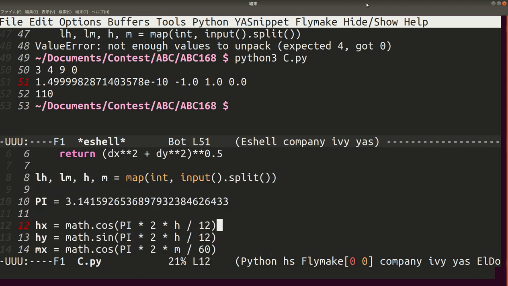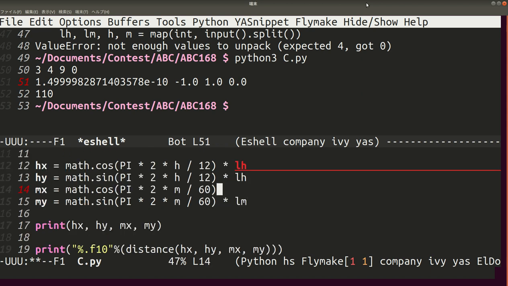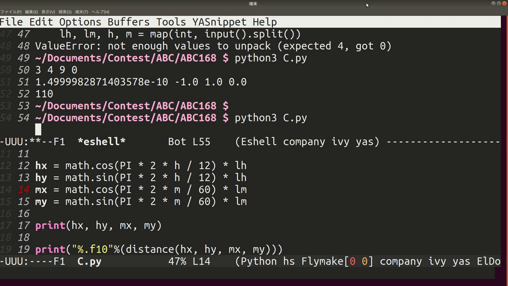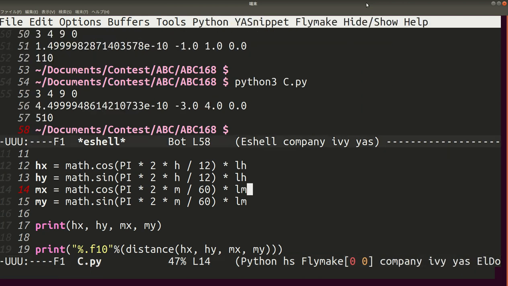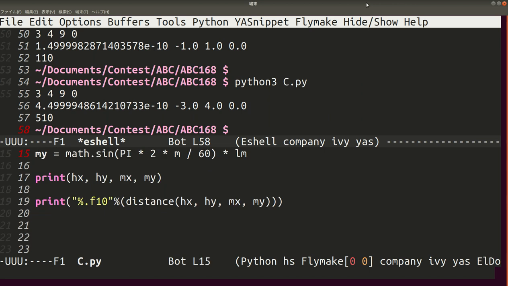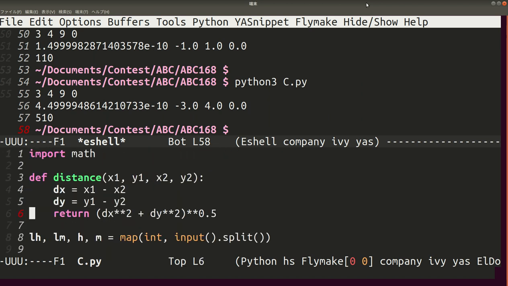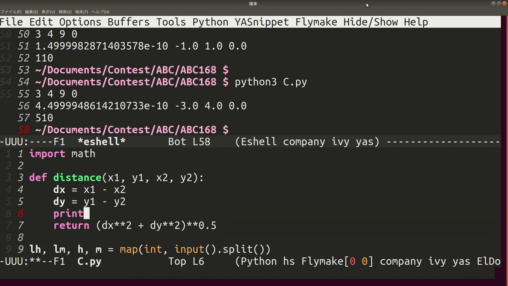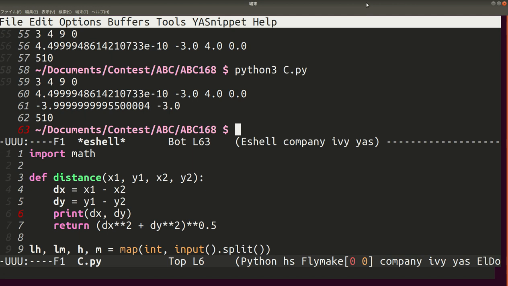Oh yeah, I have to multiply the lengths for it. And then why is this big? Okay, so let's print dx and dy. It's correct.